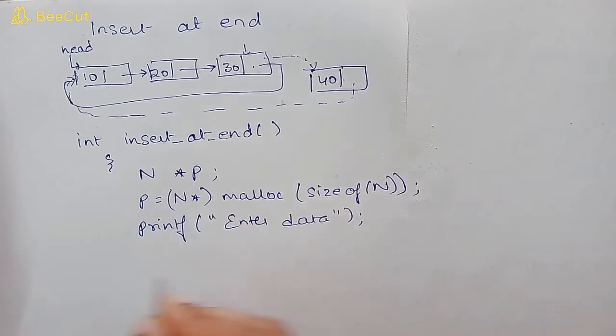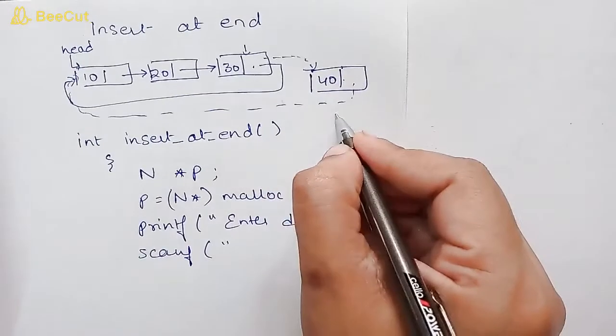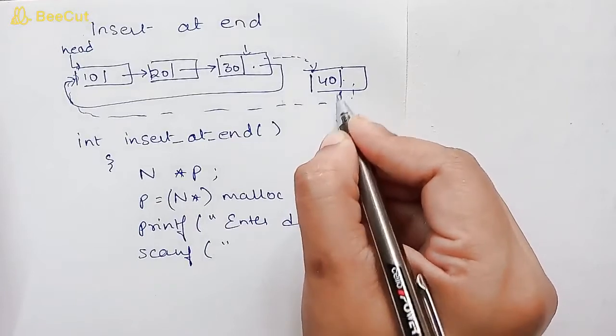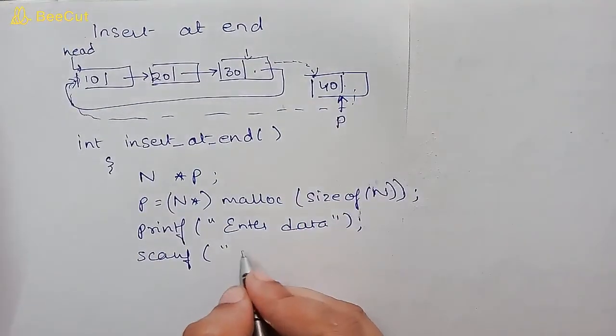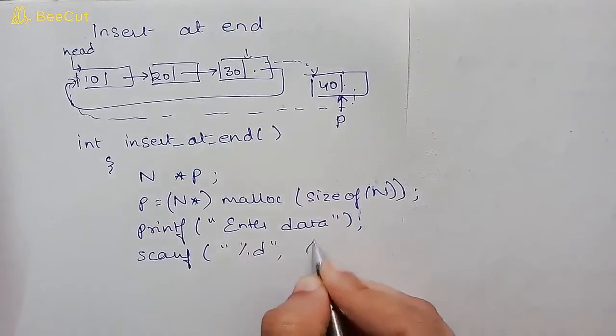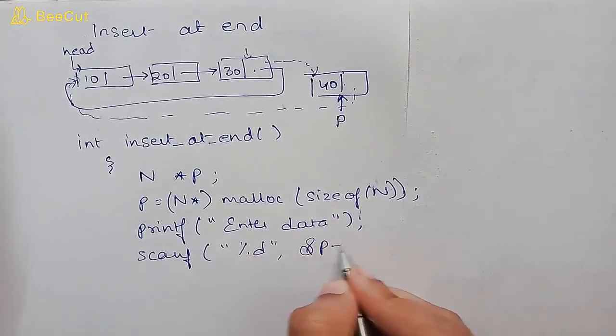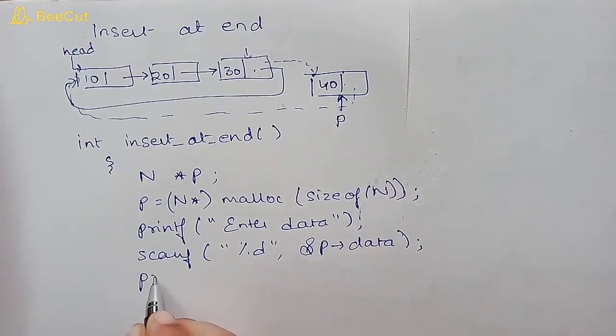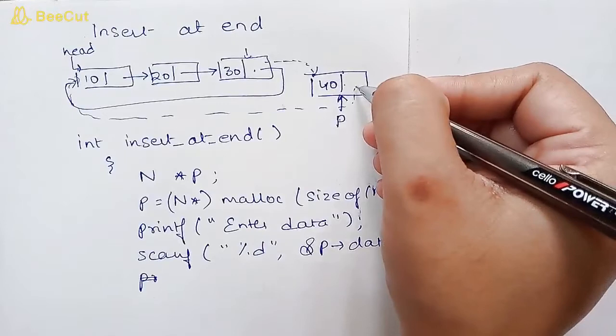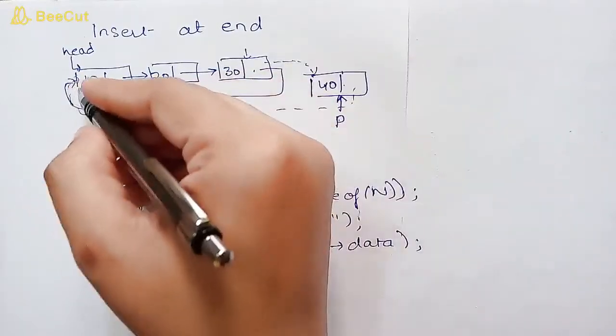I've created a pointer p which is pointing to this node. Now in p data, I'm asking which value the user wants to insert, so I'll write &p->data. That means the first field of the node, right? In the second field of the node, p next should be equal to head.